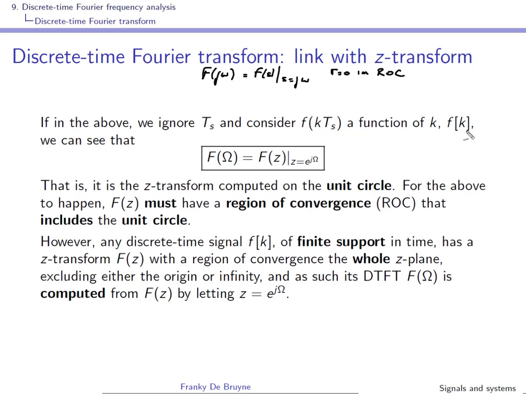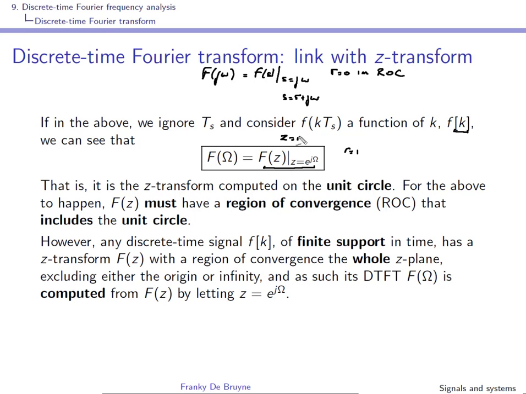Well, if you have a sequence f of k, you can do the same trick to obtain the discrete time Fourier transform. You start from the Z transform and you replace z by the exponential of j times the discrete frequency. This means here that r is equal to 1. Remember that here s is sigma plus j omega. In order to write this, sigma equal to 0 must be in the region of convergence.